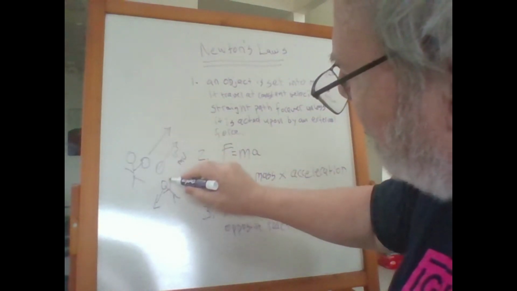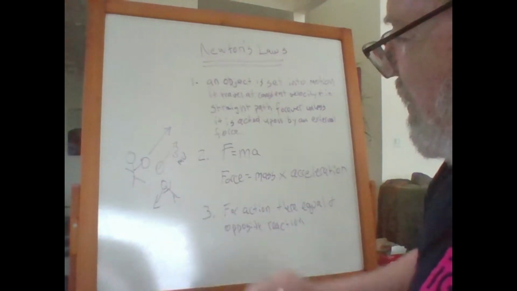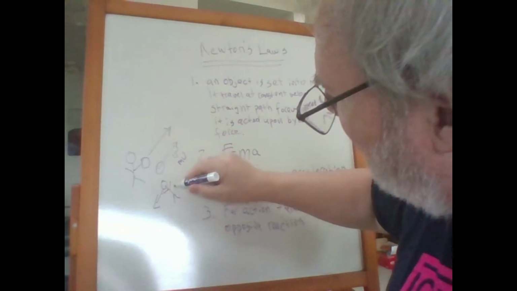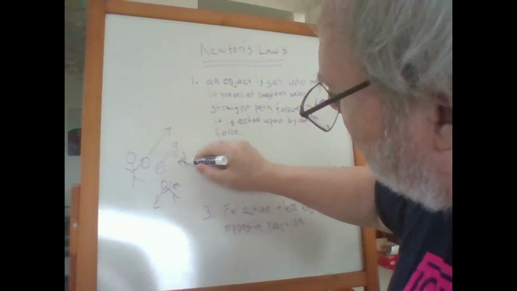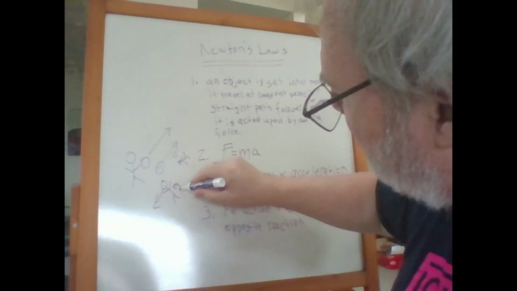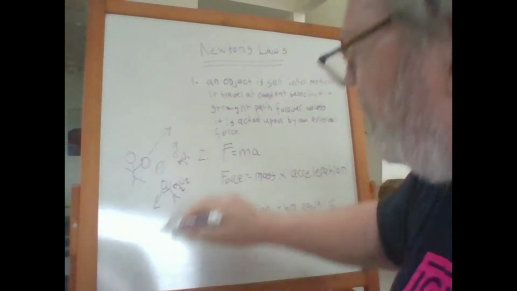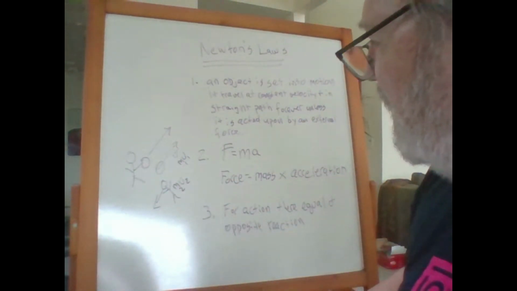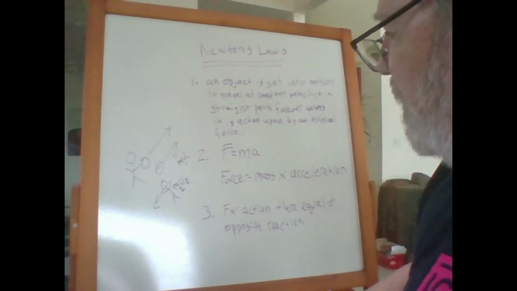As the ball goes that way, I'm going to be moving in the opposite direction with an equal M1 V1, M2 V2. I'm going to be moving off with an equal momentum.